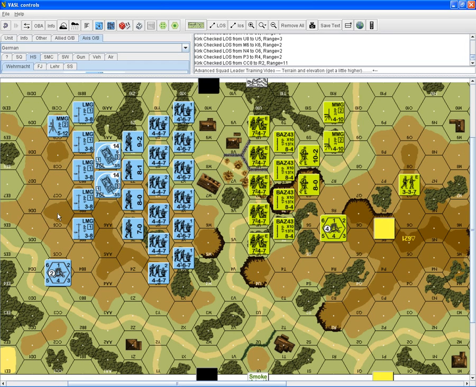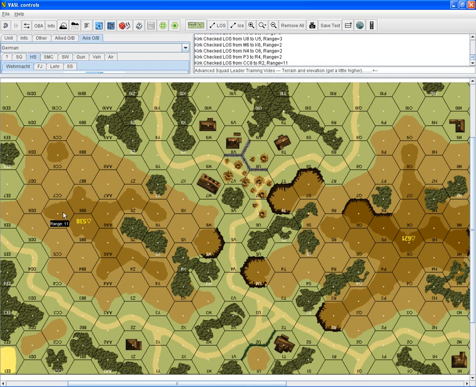What about this hex? Let's do CC6 and T6. CC6, let's stretch it out. T6, yep. Again, level 2. So everything looks fine there.